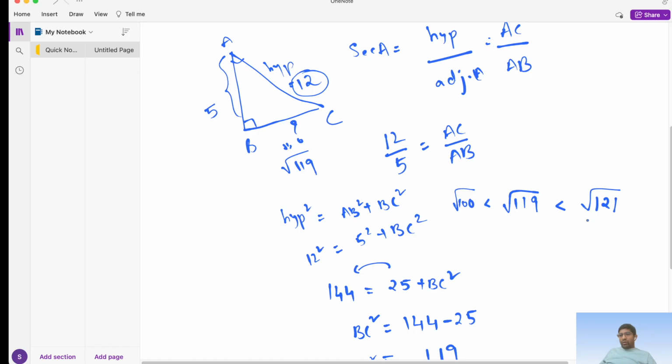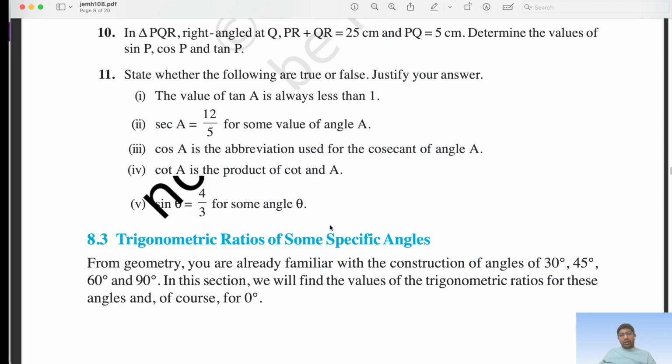Root of 121 is 11 and root of 100 is 10. So root of 119 will always be less than 11 and greater than 10. So this is always less than 12. So this is a valid right angle triangle. Hence this statement is true.